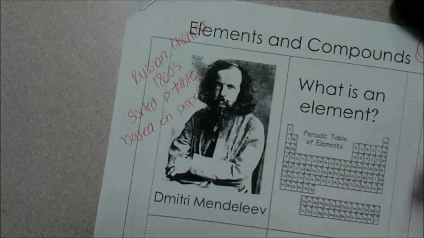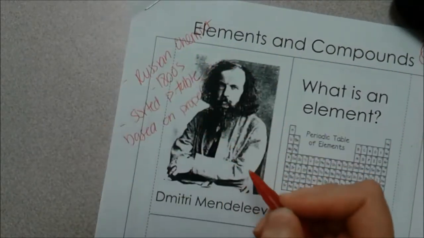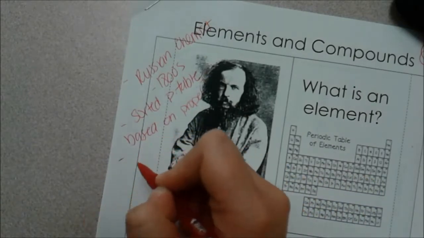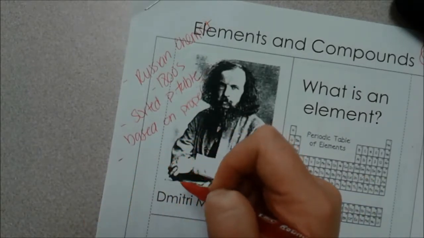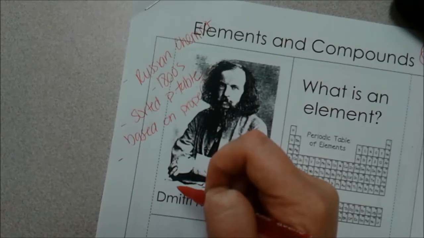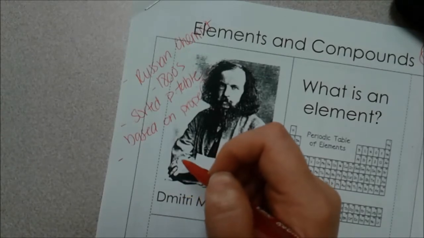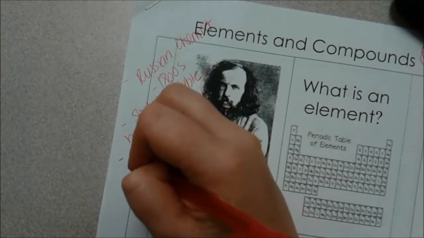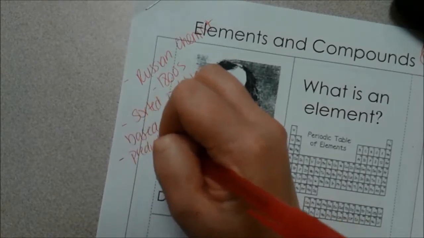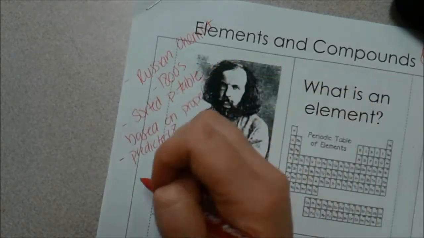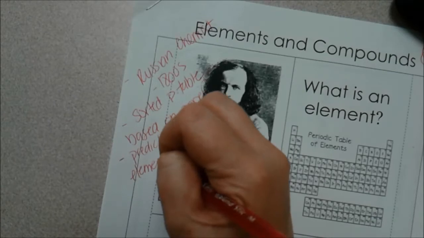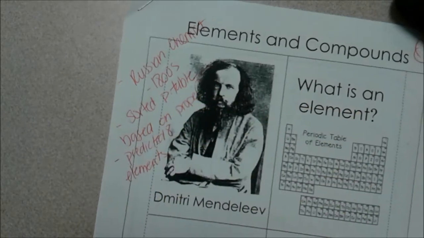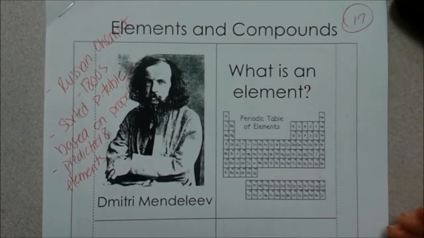Whenever he did that, he rearranged the ones that were already known, and he used his knowledge to predict 8 undiscovered elements. So he's very, very special to the periodic table.